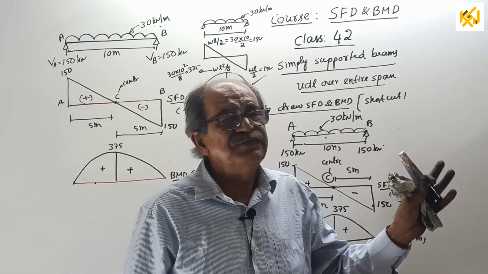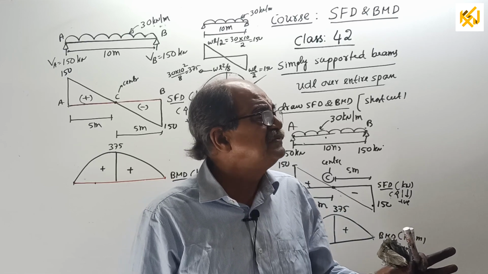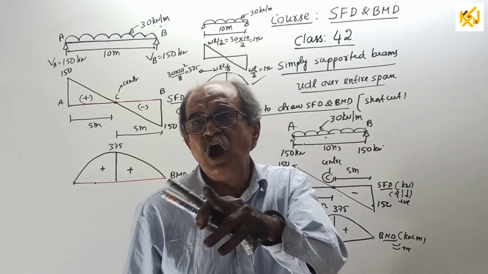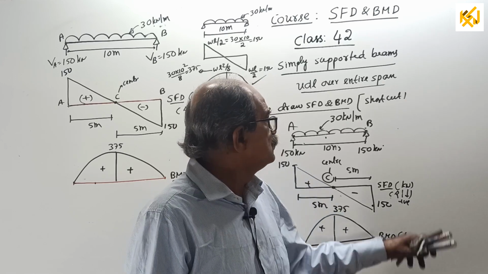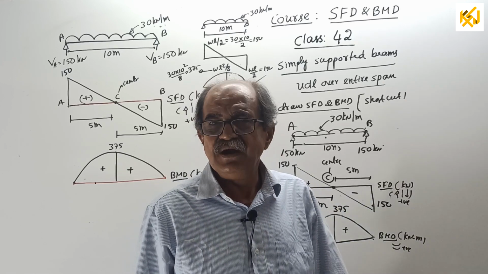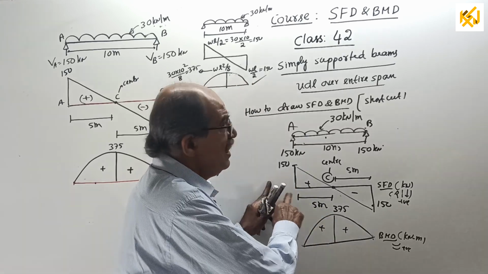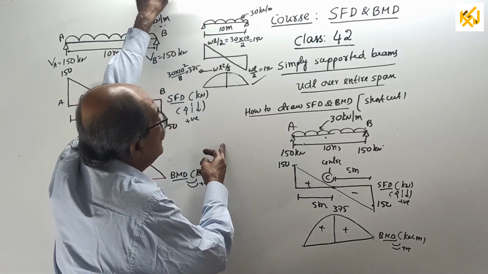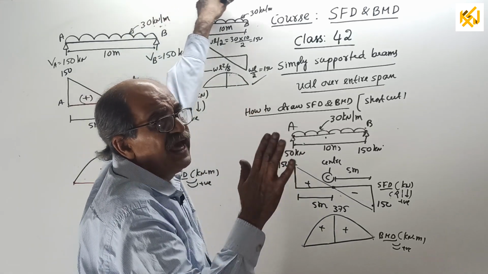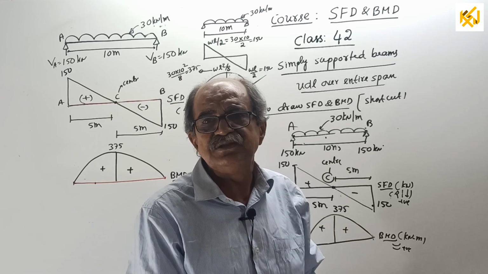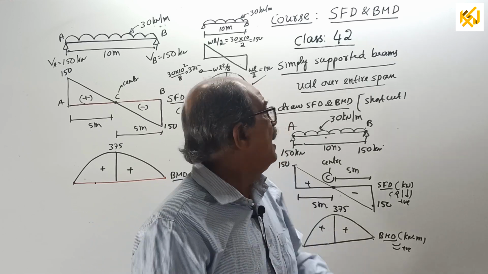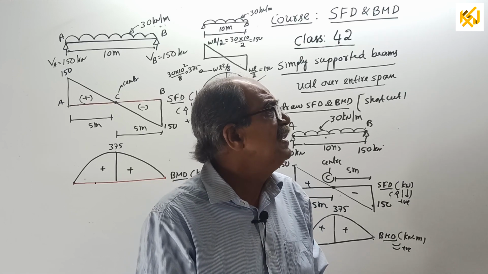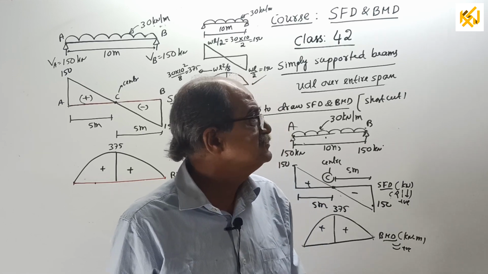In so many places I have seen people making mistakes, using the formula where it should not be used. Those formulas have limitations. We will discuss that in a class a little later, when I feel you are ready for it. Now it is too early, because you have just started the diagrams. So we will go at least 2-3 classes systematically, understand everything. Then when the time comes for a little more understanding, I will go for that one. Okay. Thank you.